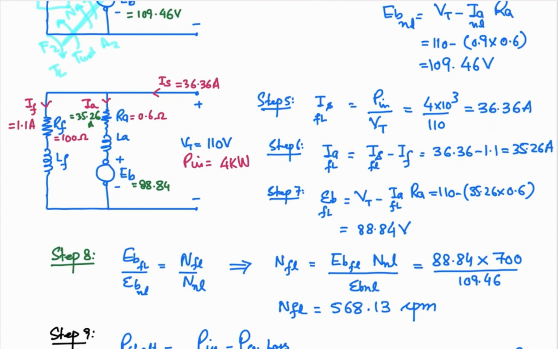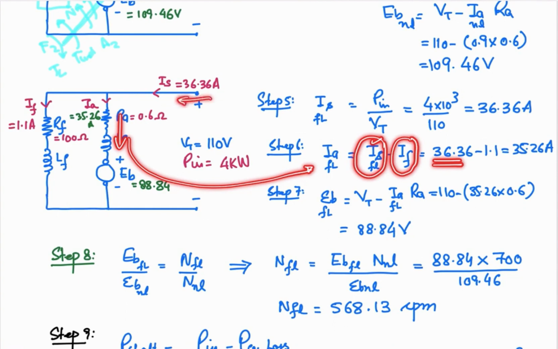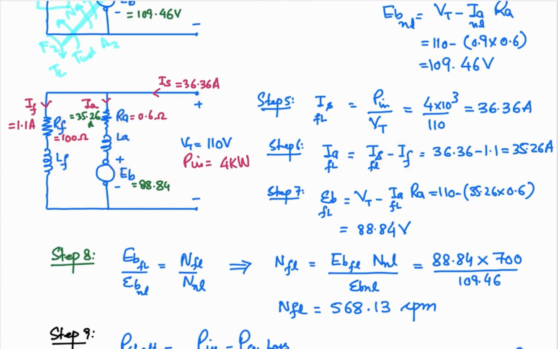Okay, so now what is the armature current at the full load? That can be determined from here. Supply current at the full load minus the field current. So 36.36 is the supply current minus the field current, that is 1.1 ampere. So the difference, that is 35.26 ampere, is going to flow in this loop.